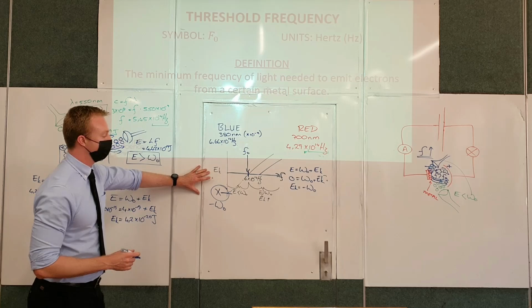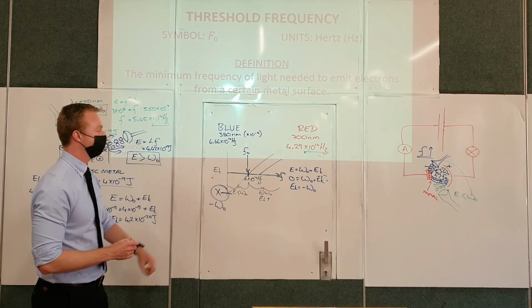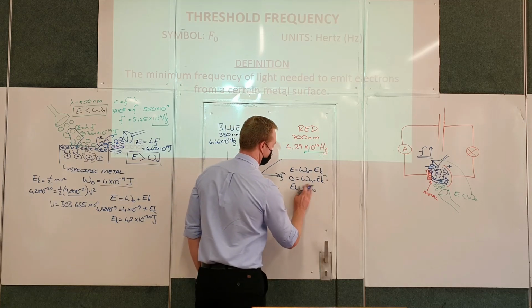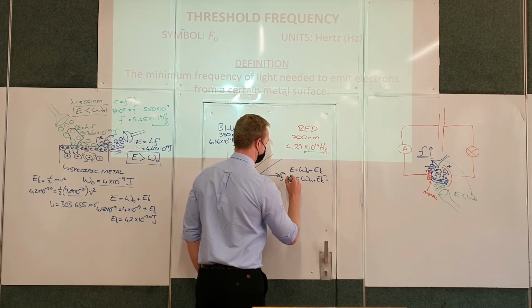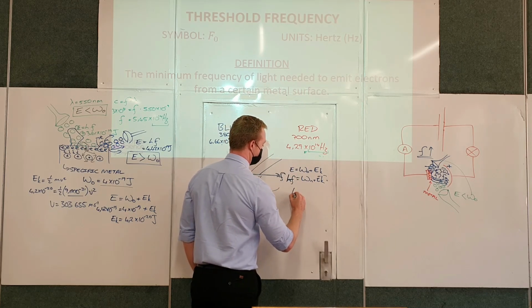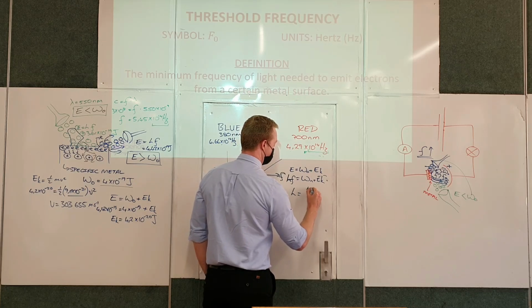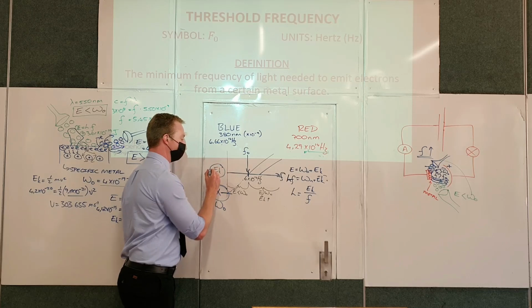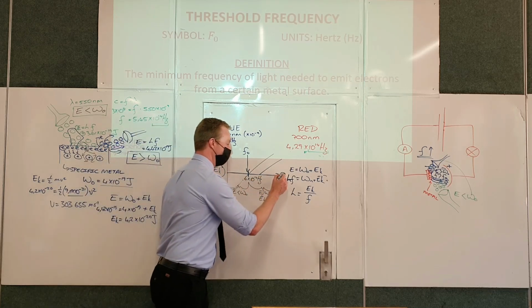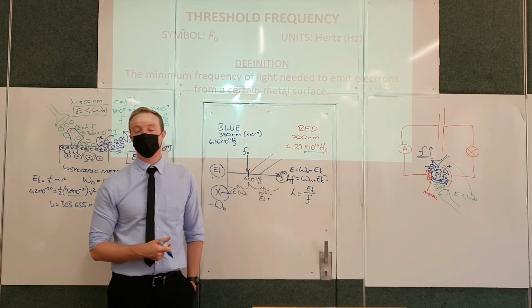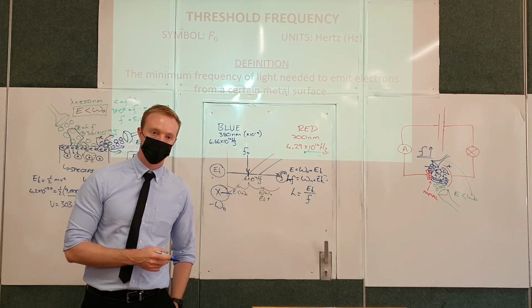What we should hopefully be able to see at this point is that the gradient of our graph here, where work function is a constant, E is equal to HF, the gradient of this graph is kinetic energy over frequency. Gradient always taken as whatever's on the y-axis divided by what is on the x-axis, and so the gradient of this graph will always give us Planck's constant.